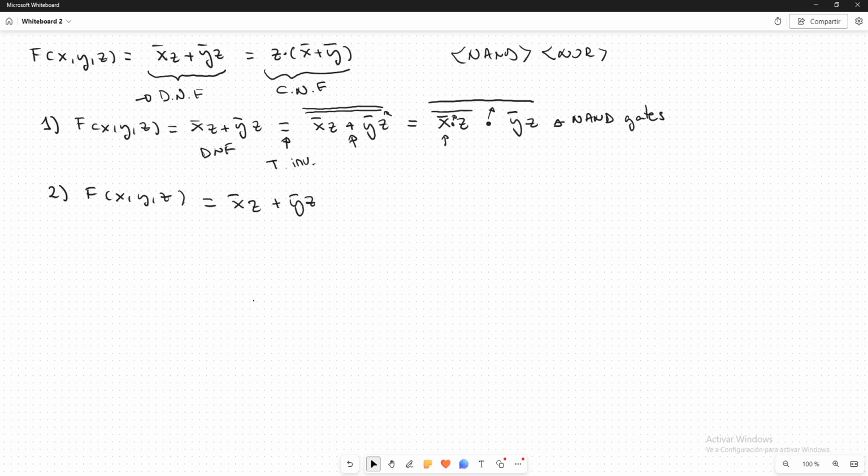So we are going to do the following. We are going to negate each term twice. Each term is going to be twice negated, and so it remains the same.